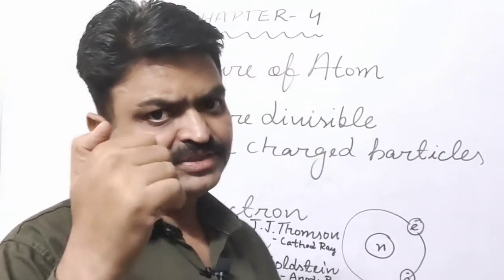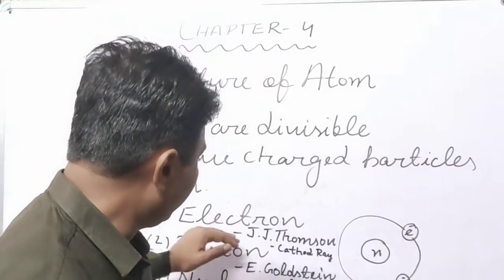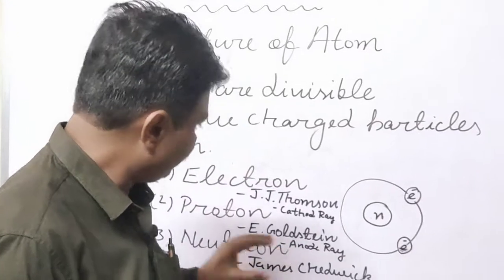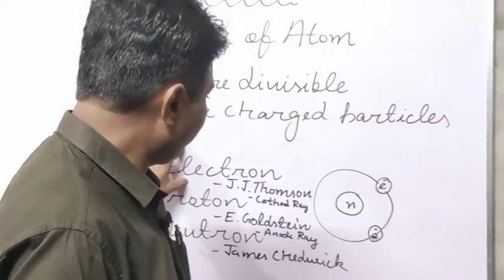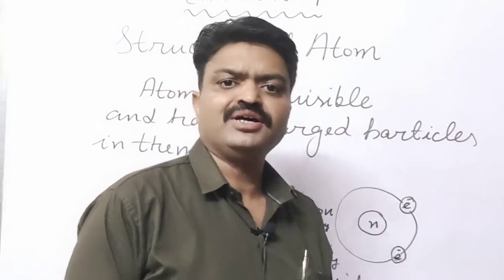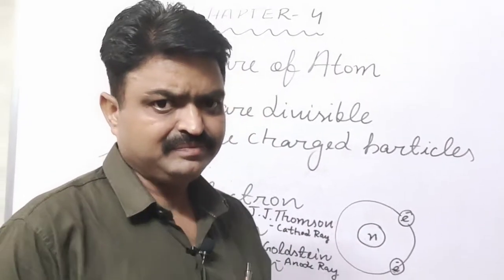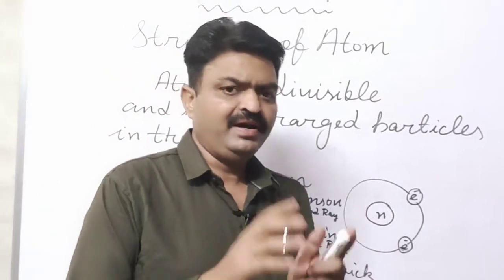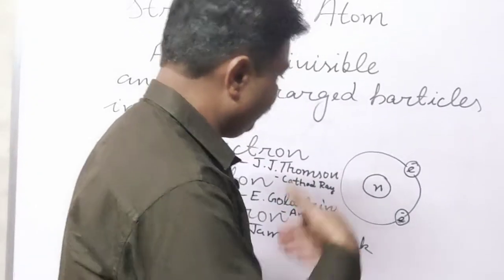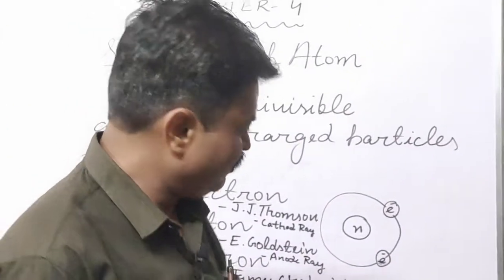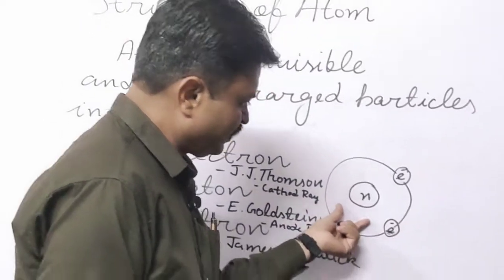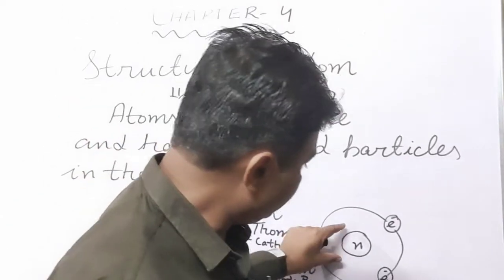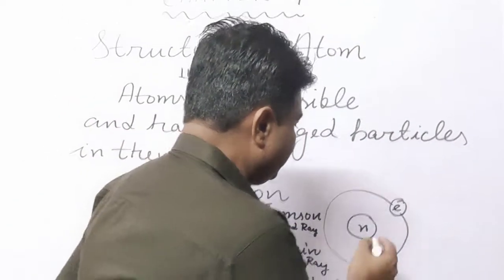Now we will discuss the position of electron, proton and neutron, student. Electrons are found around the nucleus of the atom. In the previous chapter you have read about the structure of the atom, and there is one structure of atom you have also read. So the atom has this type of structure.